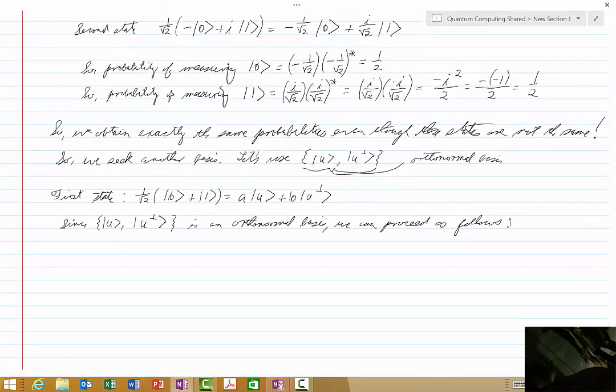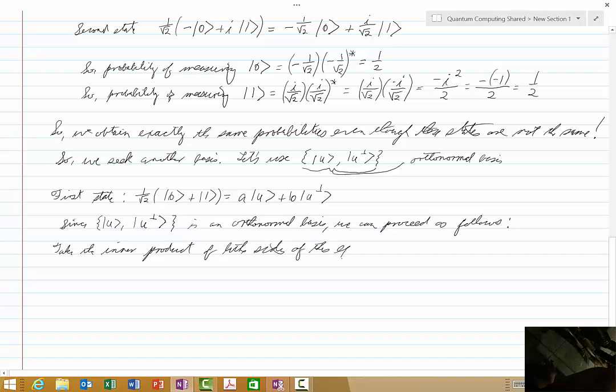And what do we do? We take the inner product of both sides of this equation, first with u, and then with u orthogonal.